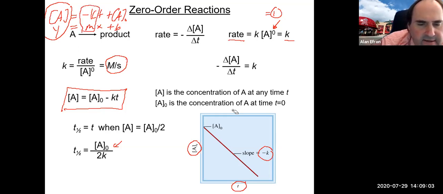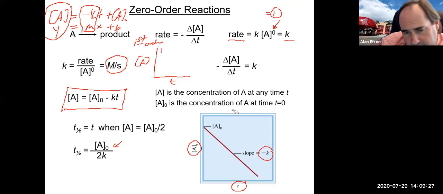Now, you may say to yourself, that looks like, in terms of the graph, the exact same graph that we did earlier with first order, and it is. When we graph first order, it is the concentration of A versus time. The difference between first order, which will be this graph, and zero order is that in first order, in a badly drawn one, we do not get a linear relationship.